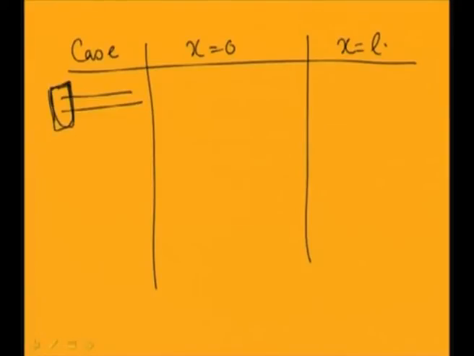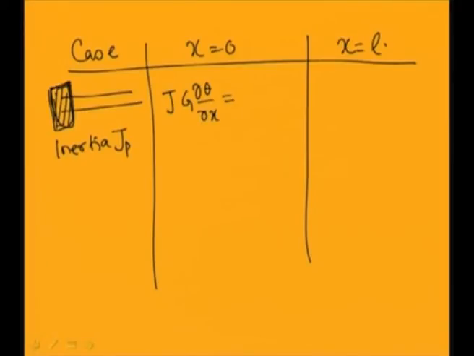If inertia J p is added at the left end, then the torque at the left end, that is equal to G J del theta by del x, will be equal to the inertia torque.